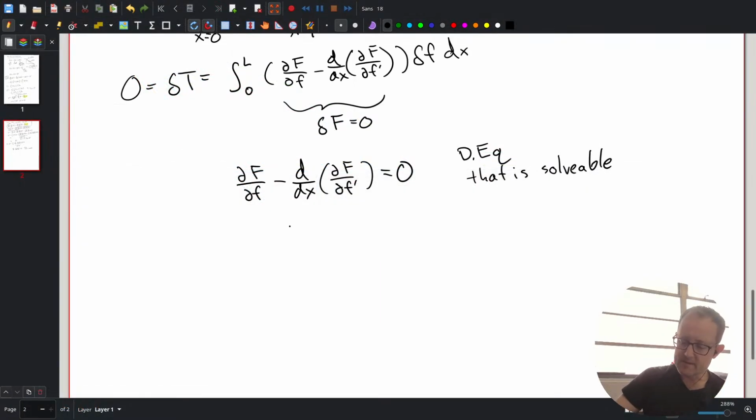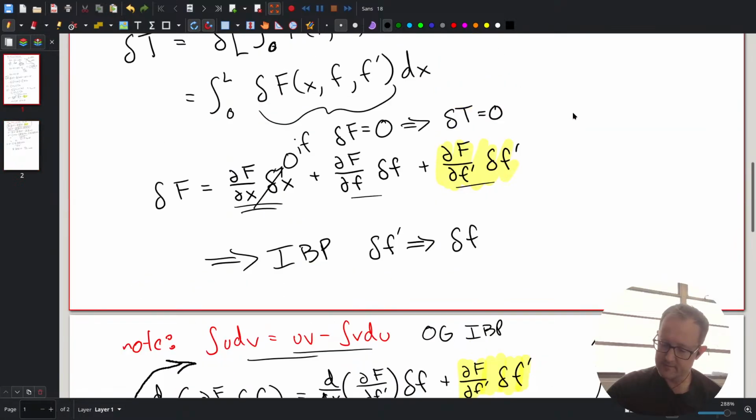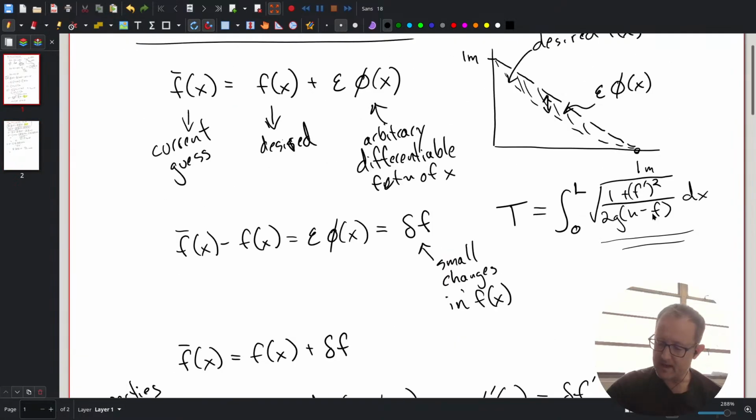Okay, so now I need that f. What was f? If I come all the way back up here, this is my f value. Let's see, do I have... I thought I had a selecting tool.